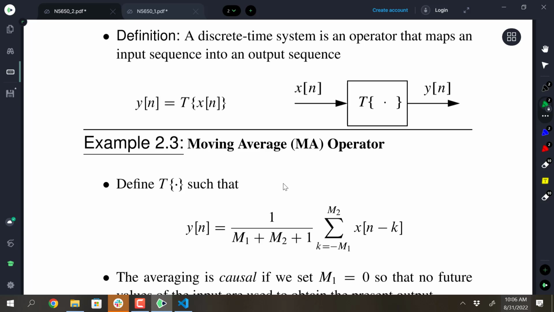So we're going to take as a simple example the moving average operator. Moving average is a really common statistical signal processing function. It's popular across multiple disciplines, absolutely.